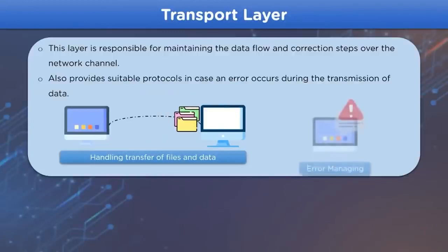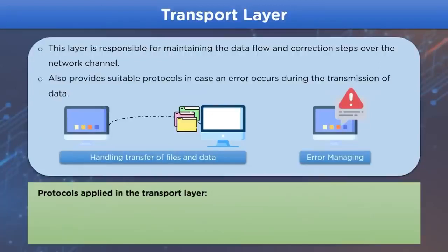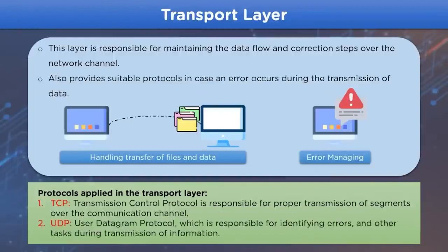It also performs the task of maintaining the data to be transmitted without error, and controls the data flow rate. The protocols that are applied in the transport layer are TCP, Transmission Control Protocol, which is responsible for transmission of segments over the communication channel. Then we have UDP, User Datagram Protocol, which is responsible for identifying error in the data that is to be transmitted over the communication channel.